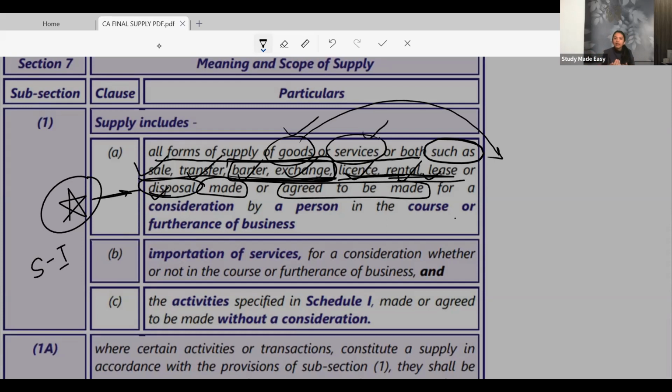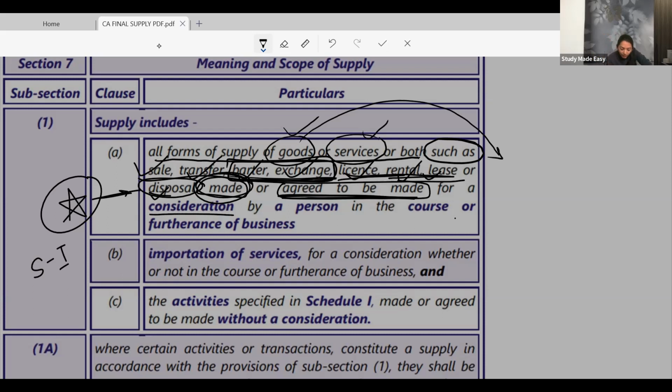In my case, I have taken advance from you. That means I agree to teach you GST. But suppose, first of all, I teach you GST, then I take the fees. That means supply is already made. So made is also included, agreed to be made is also included in the definition of supply.